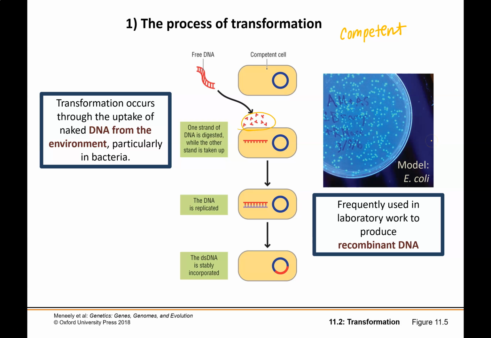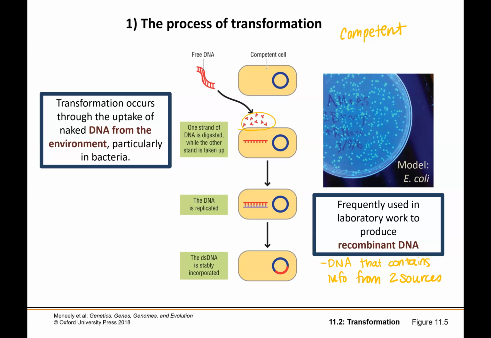Very frequently, transformation is done in the lab. And when you do this, you are able to make cells that contain recombinant DNA. So recombinant DNA is DNA that contains information from two sources.